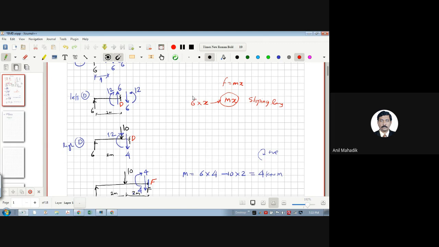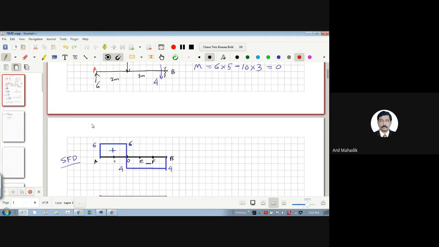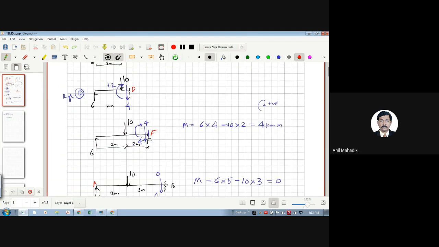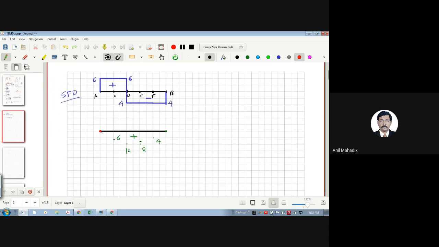Because it is some constant into distance, this is a sloping line. That's why, whatever moment we have calculated, this 6 into this distance minus this 10 into this distance, this is your x, any dimension. You are multiplying some number with that distance, and therefore it is a sloping line. If you connect these points, you will get a sloping line like this, and if you connect these, you will also get a sloping line, right?